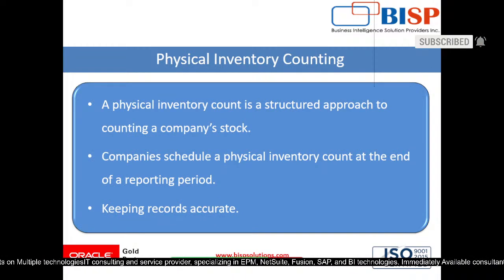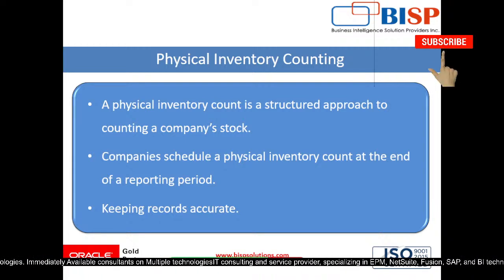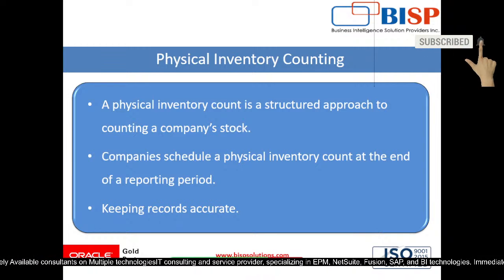Physical inventory counting is a structured approach to counting a company's stock, where the inventory staff uses a predetermined schedule of physical inventory count at the end of the reporting period, right? Mostly physical inventory counting is performed once a year or twice a year, based on the business requirements, right?